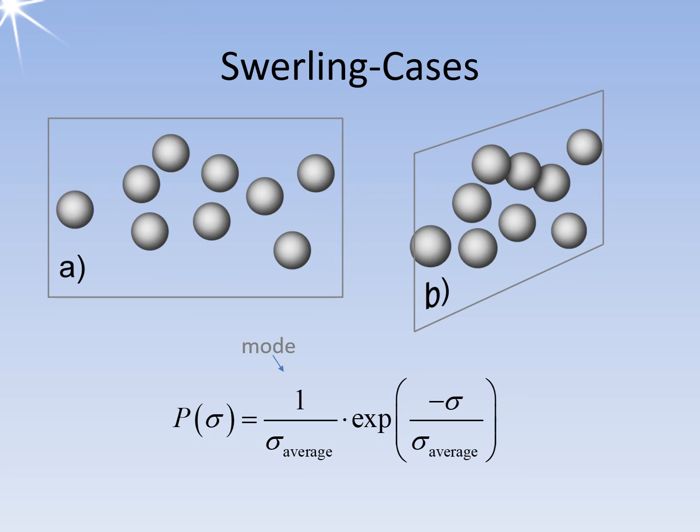Swerling Case 1. The target consists of a number of equally large isotropic reflectors that are distributed on a surface, view A. Another aspect angle of the same assembly, view B, results in other distances and thus other interferences. This case describes a target whose magnitude of the backscattered signal is relatively constant during the dwell time.